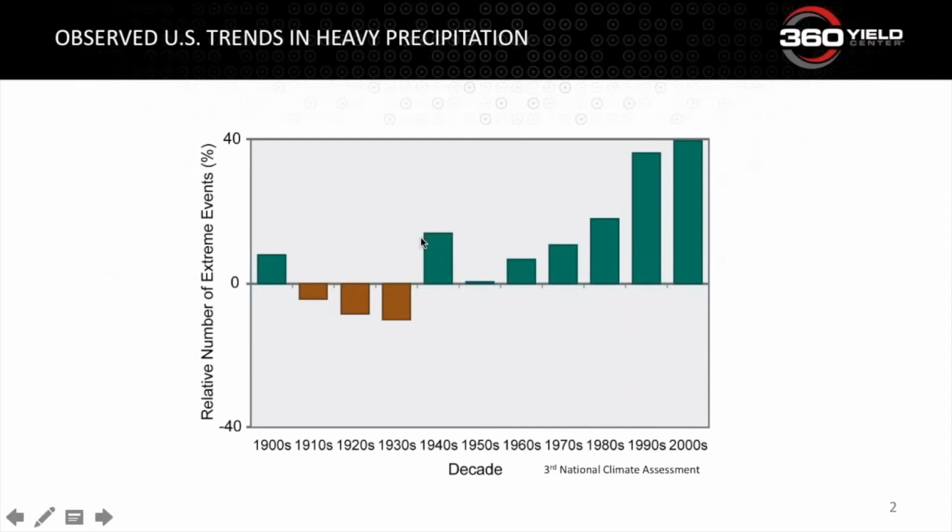I've done a lot of presentations over time, and I've shown this chart about heavy rainfall trends and heavy precipitation in the U.S. I put this up there because as we think about nitrogen and increasing yields, one of the things we have to understand is that as we have more and more of these heavy rainfall events, we have to make sure we're doing everything we can to manage the nitrogen that's available in our soil profile throughout the growing season.